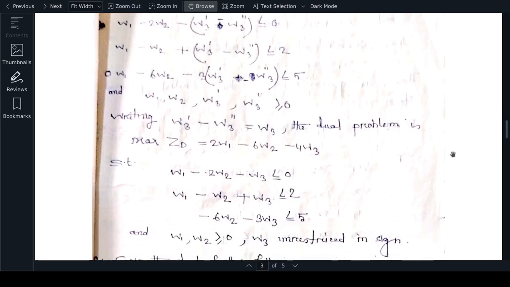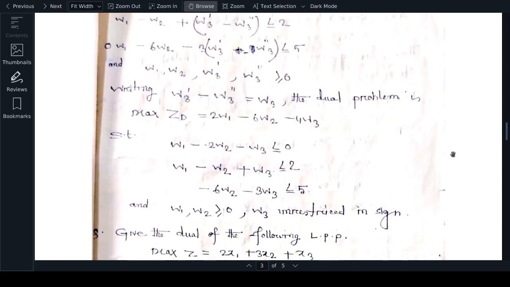W1 minus W2 plus W3 is less than or equal to 2, and minus 6W2 minus 3W3 is less than or equal to 4. And W1, W2 are greater than or equal to 0, and here you see W3 is our unrestricted in sign. Why? Because one equality symbol is present, so we get one unrestricted sign.